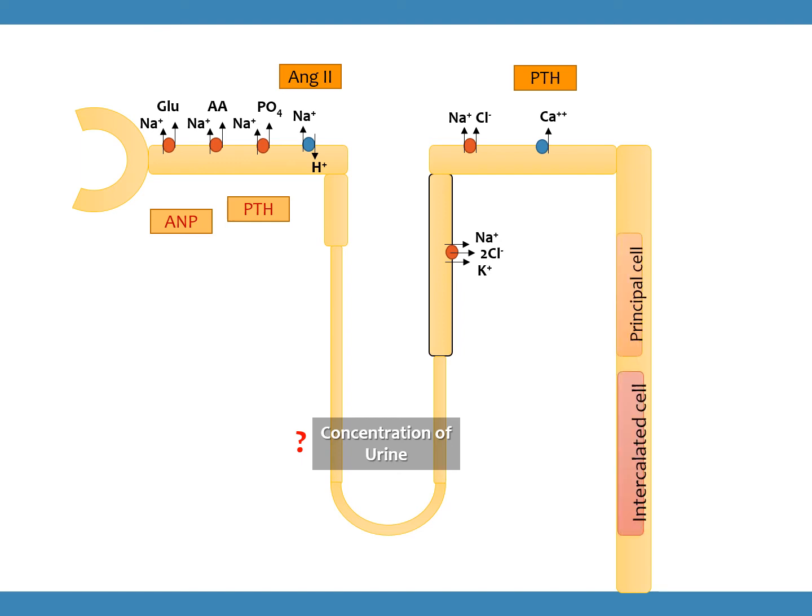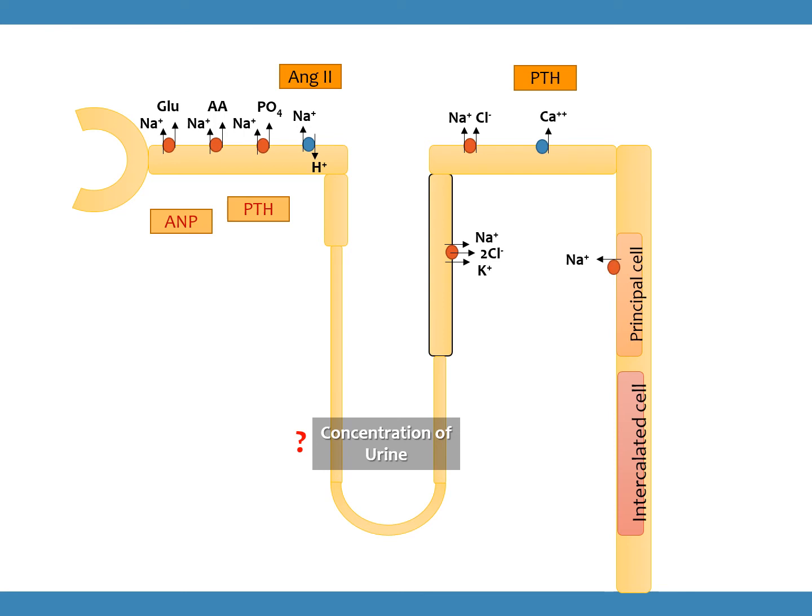Now moving on to the second half of the distal tubule and the initial part of the collecting duct, there are two types of cells. If you remember, there are principal cells and intercalated cells. Principal cells reabsorb sodium through the epithelial sodium channels, or ENaC.